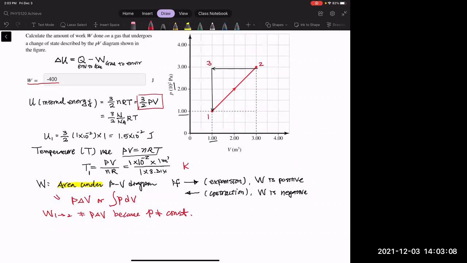So volume increased 2 meters cube. But the P is not constant. So you cannot use P times delta V because P keeps on changing. So the only way you can do it in this case is to find the area under.